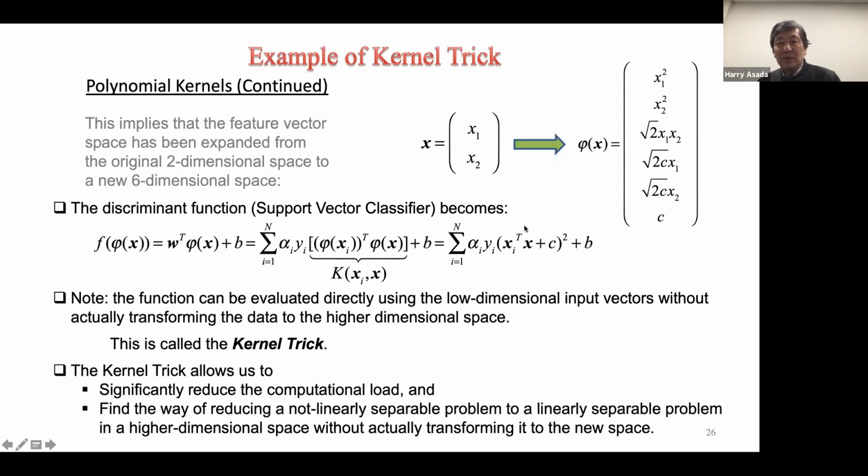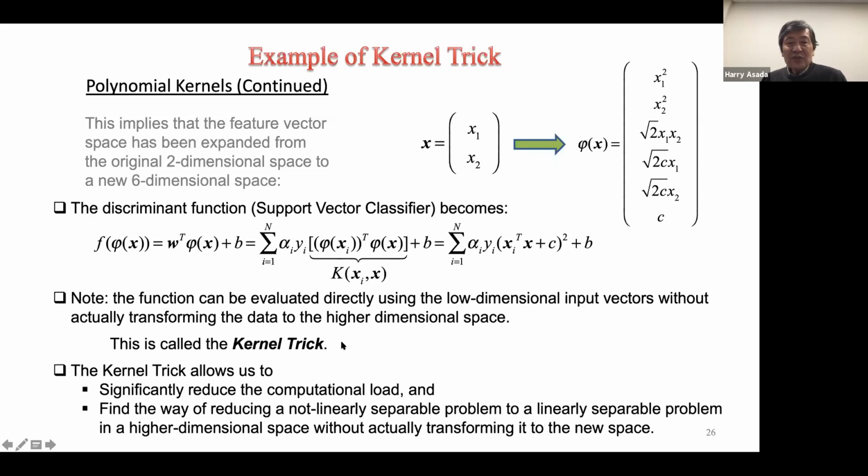You basically compute this in a much simpler way than dealing with the 6-dimensional vectors. Please note that the function can be evaluated directly using the lower dimensional input vectors, the 2-dimensional x, without actually transforming the data to the higher dimensional feature space, the 6-dimensional space. And this is called the kernel trick.